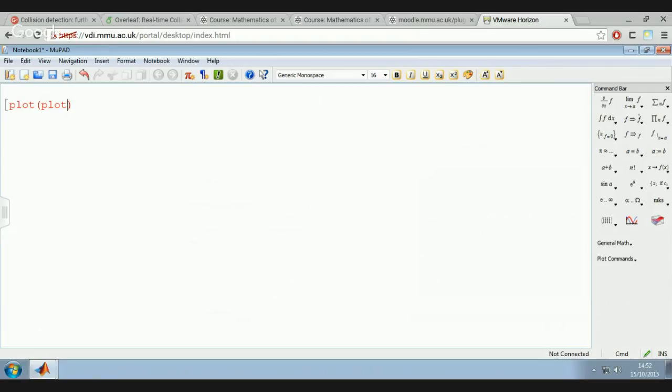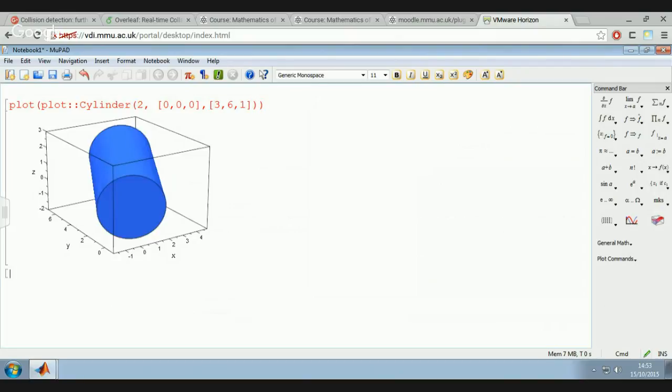There's a plot command which is called cylinder. And to plot the cylinder, you give it the radius, the starting point, which was the origin, and the end point, which was 3, 6, 1. So that's the cylinder we're talking about.